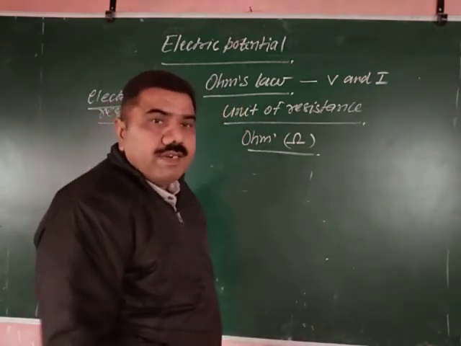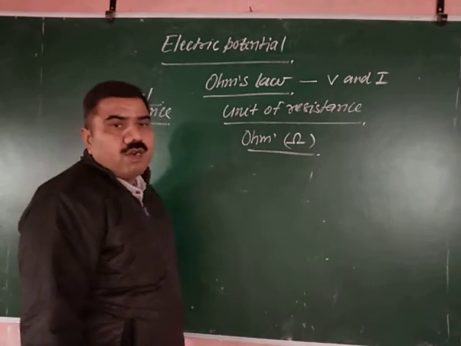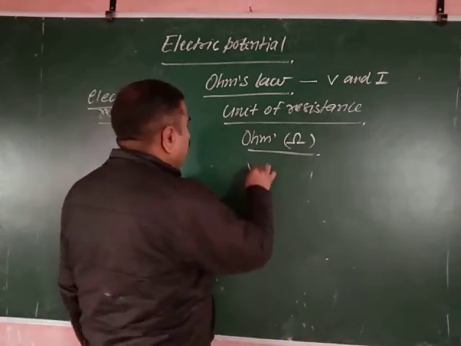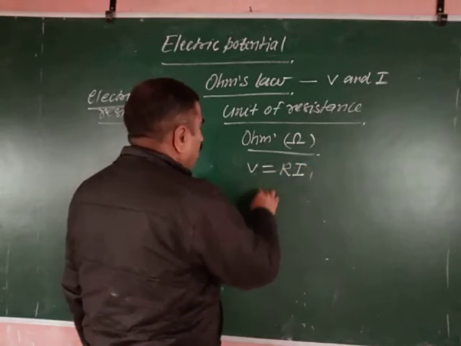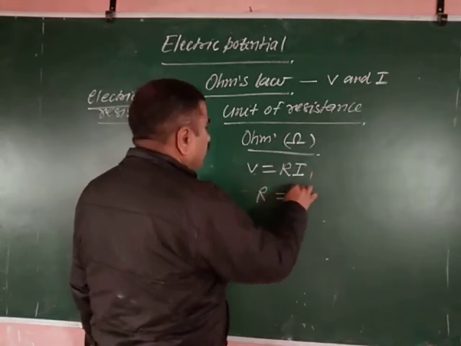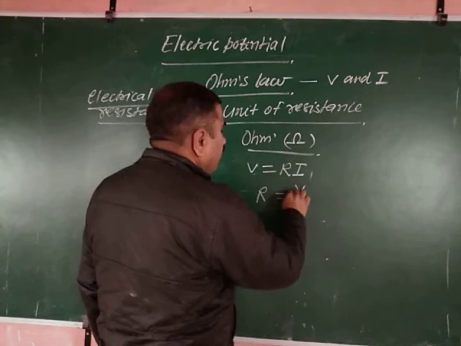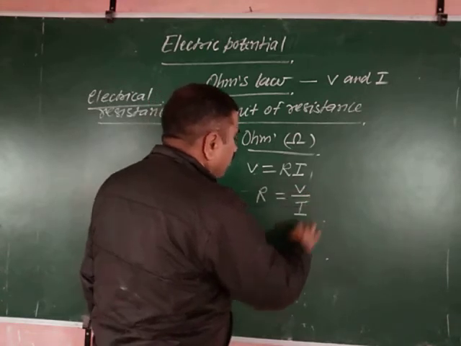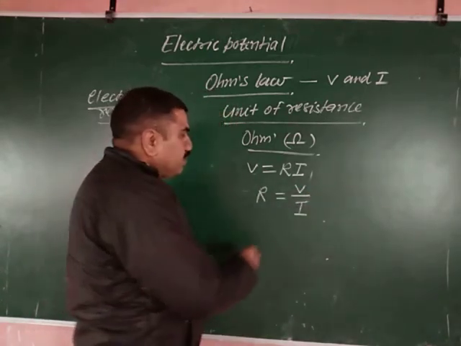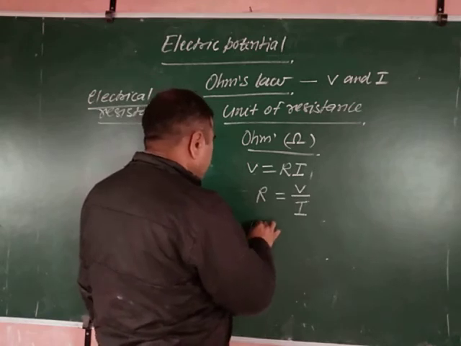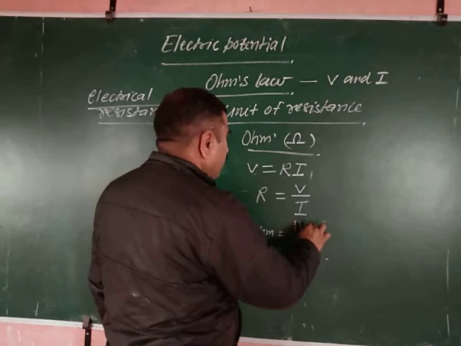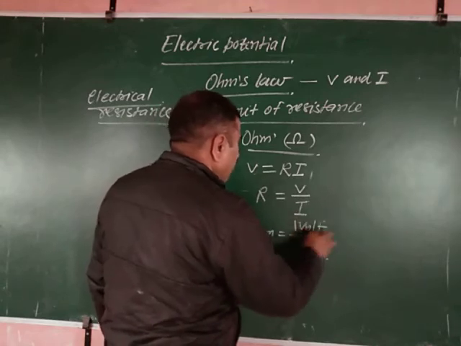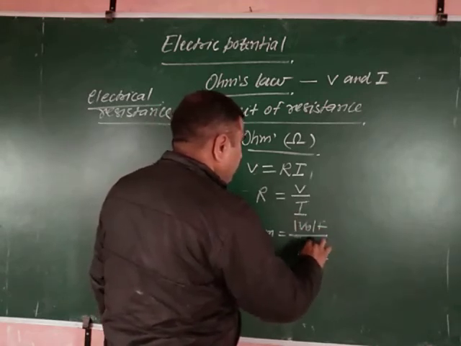Now we will define the unit of resistance. According to Ohm's law, V equal to RI or R equal to V upon I. On placing the units of each quantity, 1 ohm equal to 1 volt upon 1 ampere.